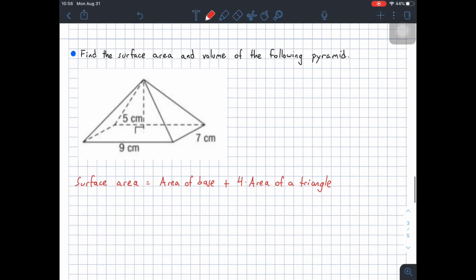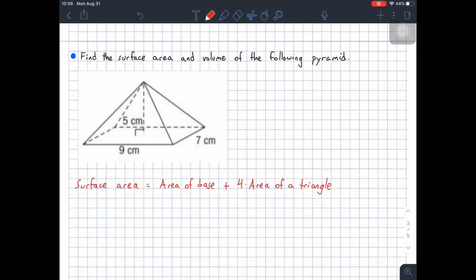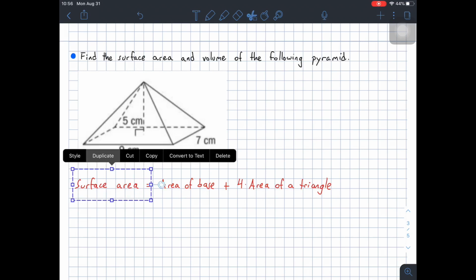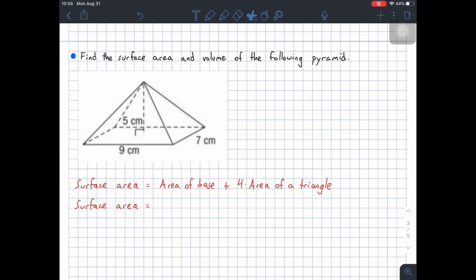Okay, so we're going to be working with that now. If I write this in words, before we actually plug in any numbers, we're going to say that the base is a rectangle, so this is length times width, right? And the triangle, this is 4 times, and the area of the triangle is base times height divided by 2.